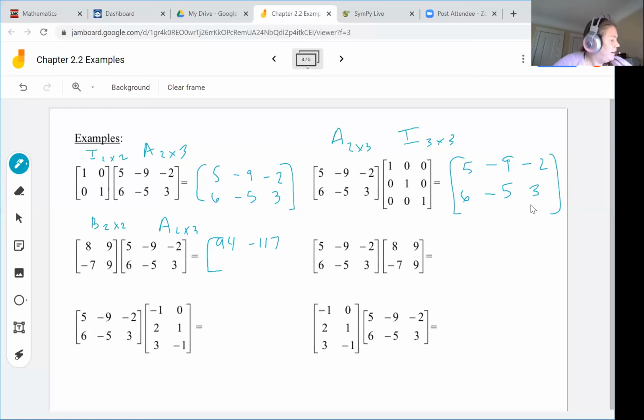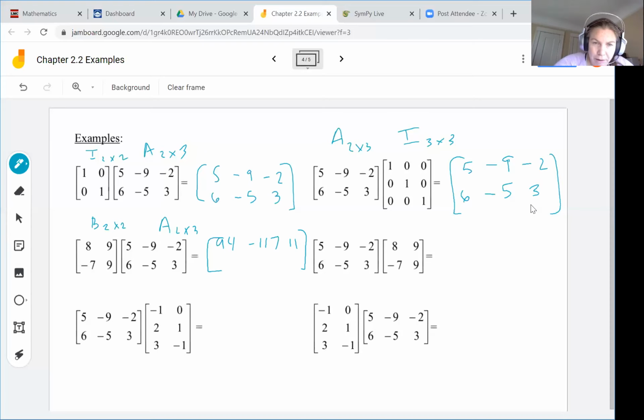And then 8 times negative 2 is negative 18, and 9 times 3 is 27. So that difference should give us an 11 in there. Oh, sorry, 8 times negative 2 is negative 16. I misspoke. See, again, my technology is much better than trying to do this by hand when we might make lots of errors. Negative 7 times 5 is negative 35, and 9 times 6 is that 54 again.